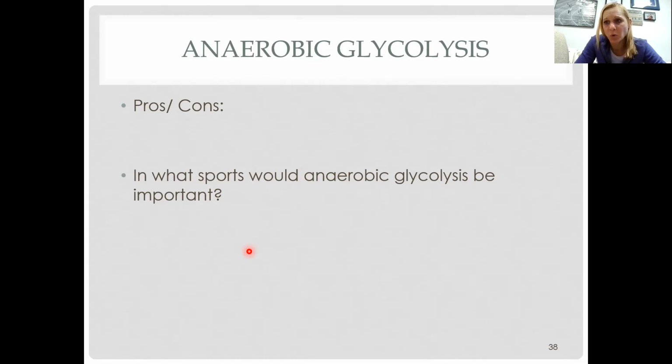Again, you think about a sport like basketball, for example. Is there ever a time where I need to run up and down the court for a minute really without stopping? Yeah, likely. If there's a couple fast breaks or whatever, I will be relying on the system. It's really hard for us to quantify intermittent sports such as basketball, football, soccer, for example, because each game is going to be different. And also, if we look at each type of player within the team, their demands are going to be different as well.